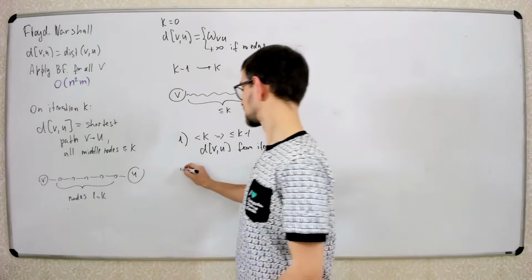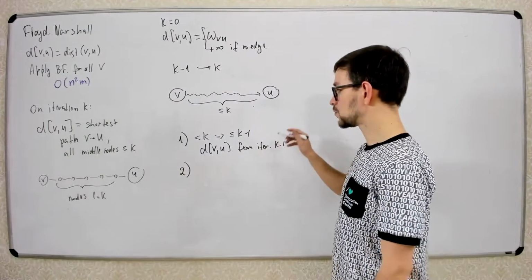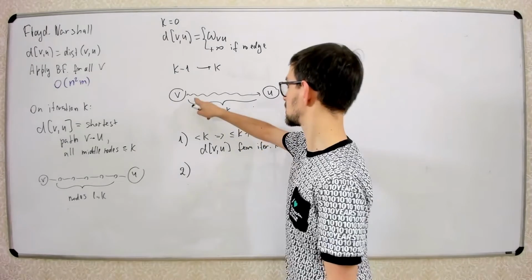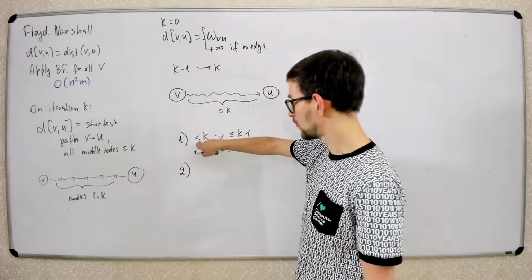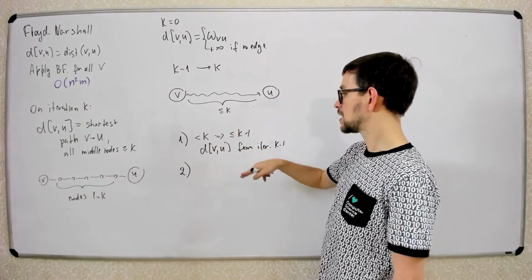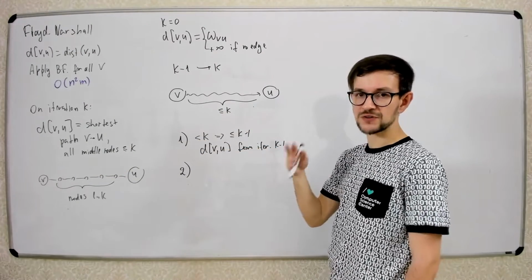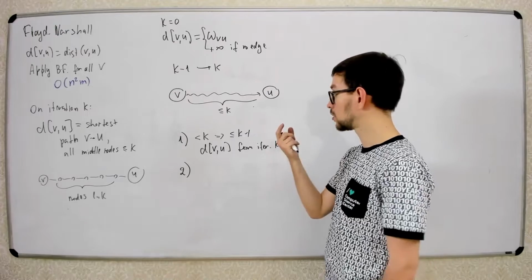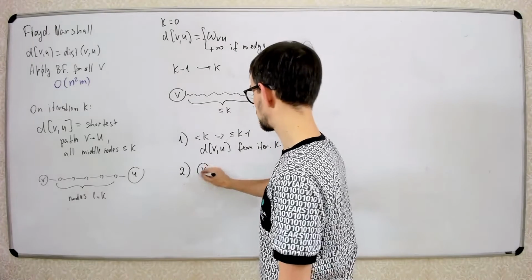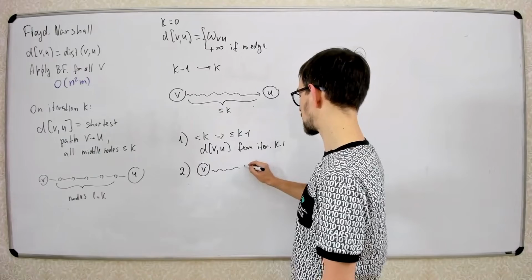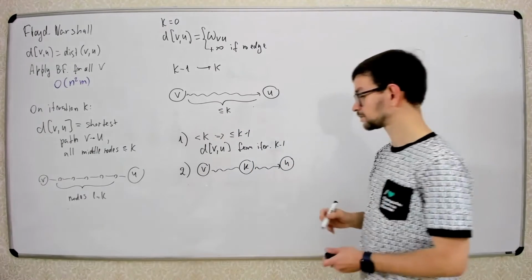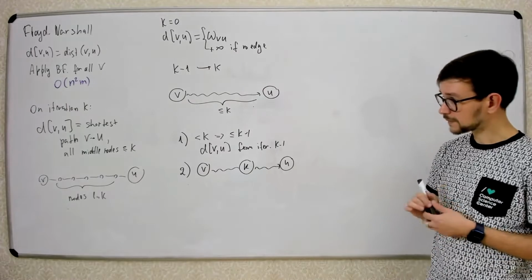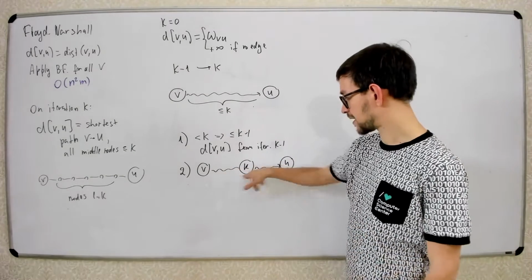Second case, if we have some node with index k in this path.